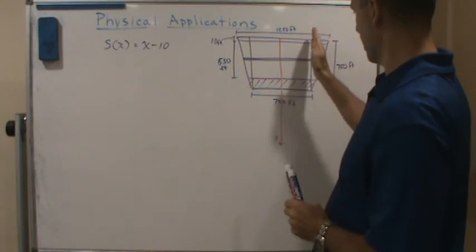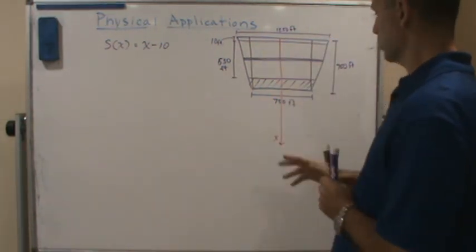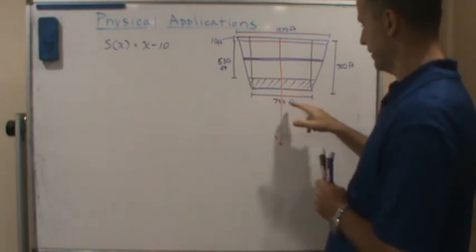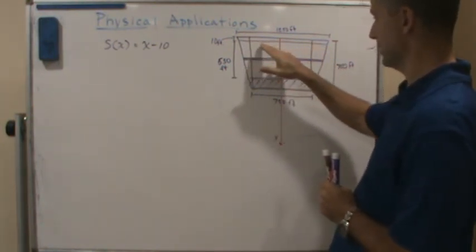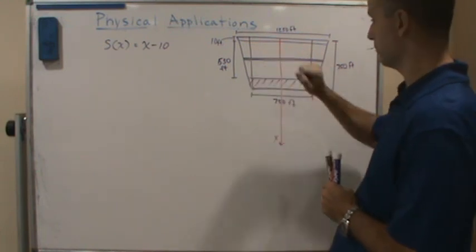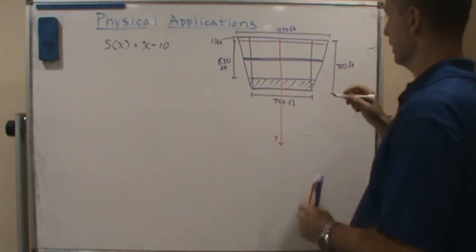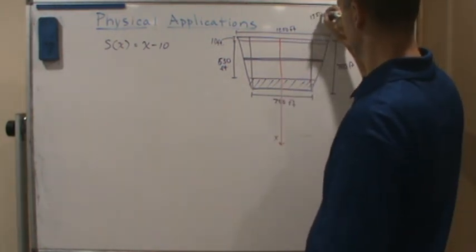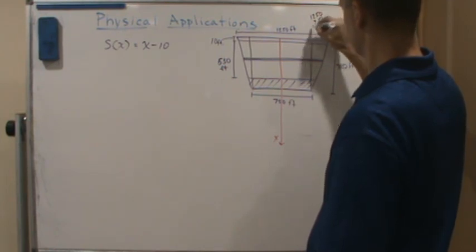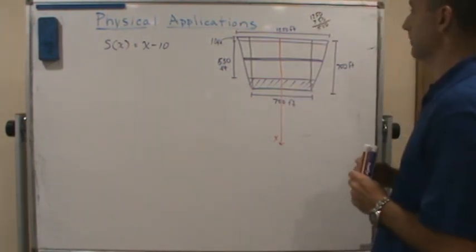Okay, now I created a right triangle here on both sides. So since this is 750 feet, I know this distance up here is 750 feet. And if that's 750 feet, then what's left over? Well, that's going to leave us 500 feet.